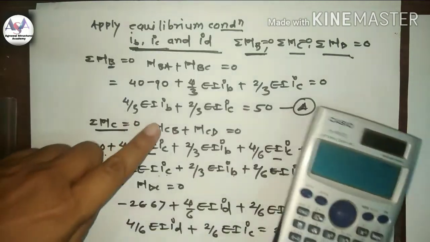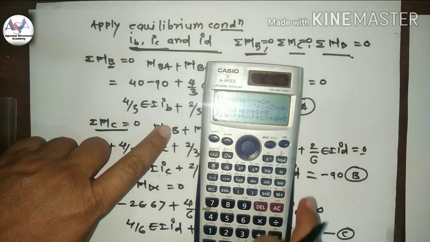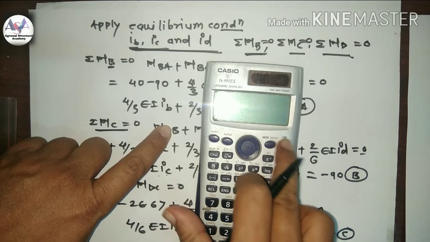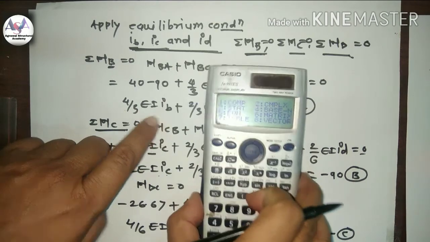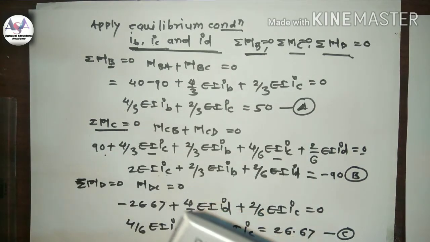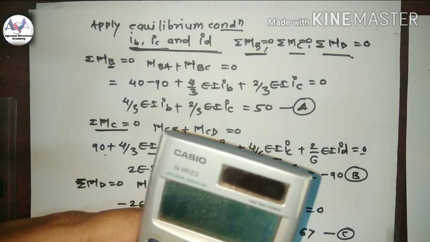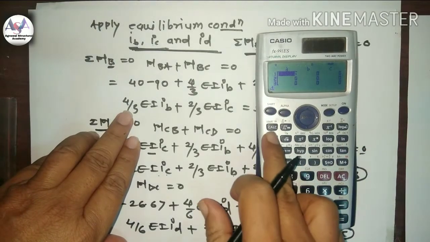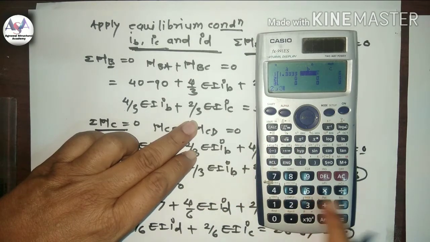Taking the equation, EI theta B is 4 by 3, then 2 by 3.